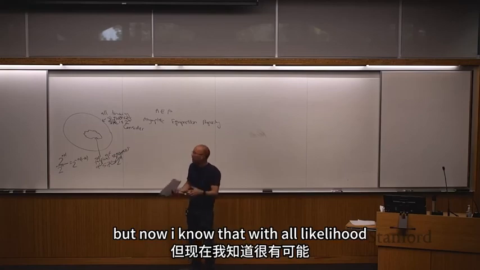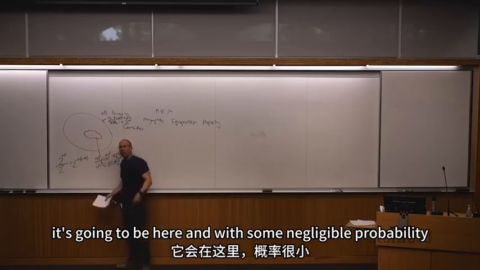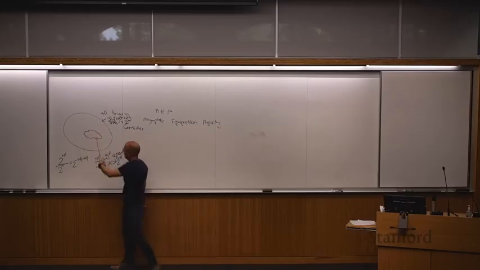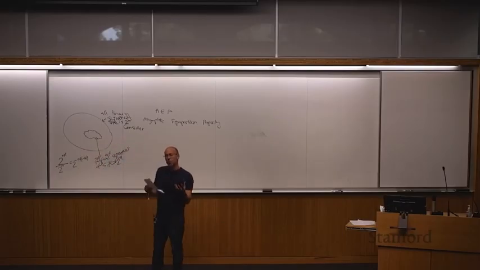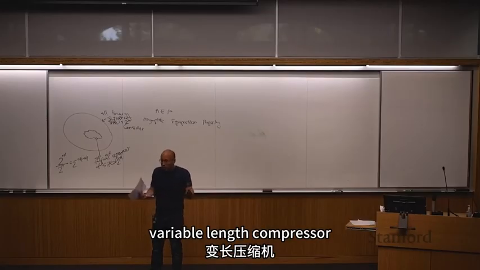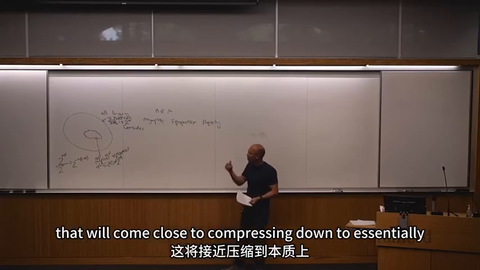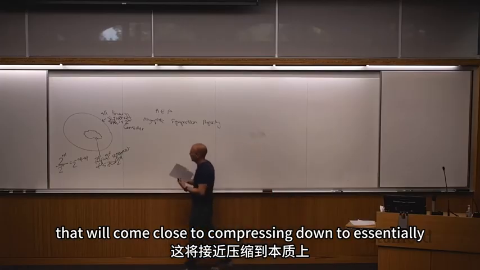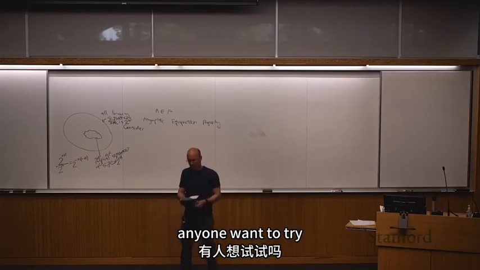But now I know that with all likelihood it's going to be here, and with some negligible probability it's going to be something else. Then how can I use that to construct a variable length code, a variable length compressor, that will come close to compressing down to essentially the entropy of the source? Anyone want to try?